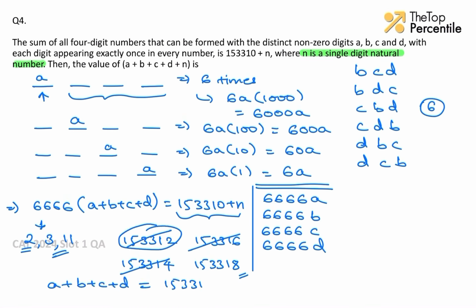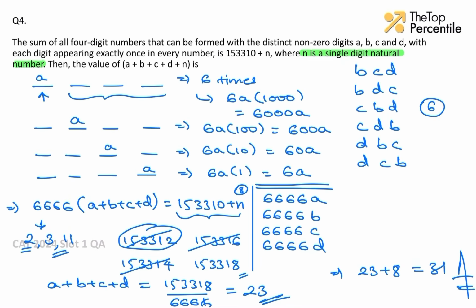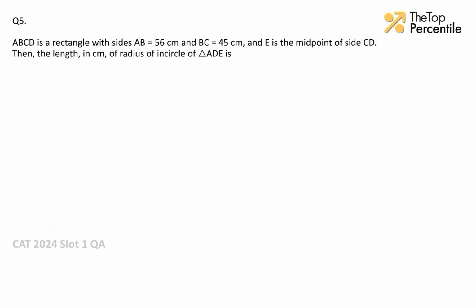So I'll divide this by 6666. So we can make out that this value will be nothing but 23. Okay. So finally, I know that n is 8 here. I have A plus B plus C plus D with me. So my final answer will be 23 plus 8, that is 31. So this will be my answer.